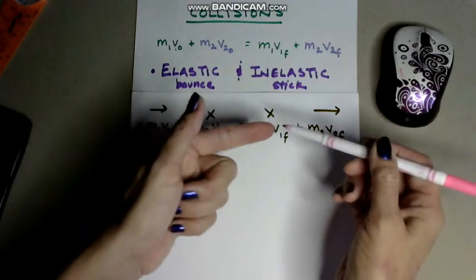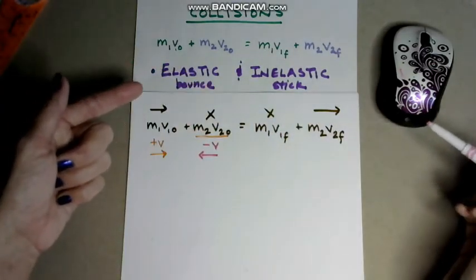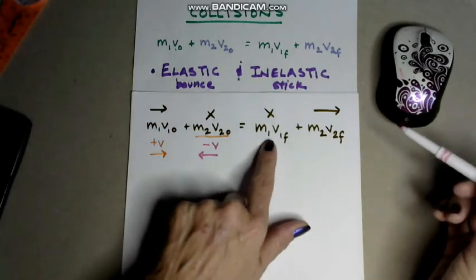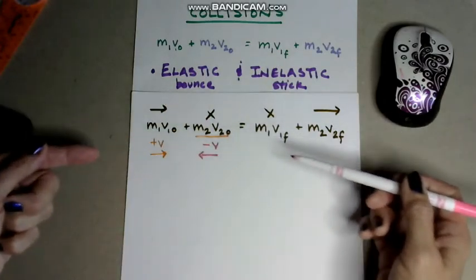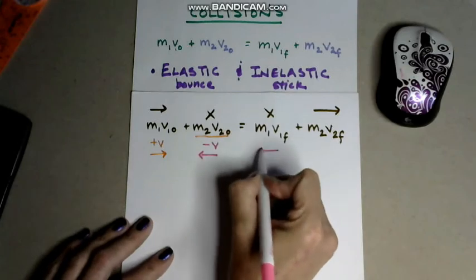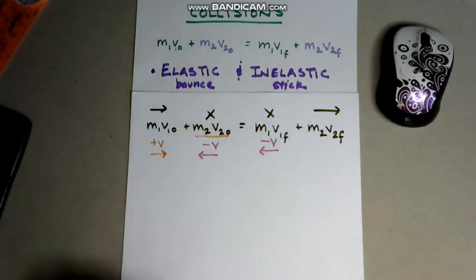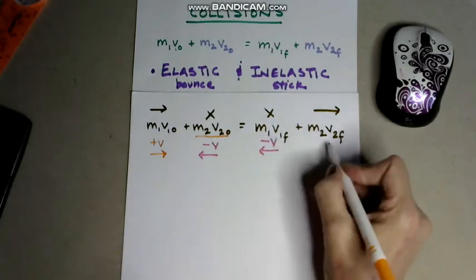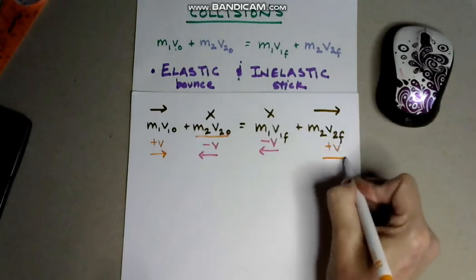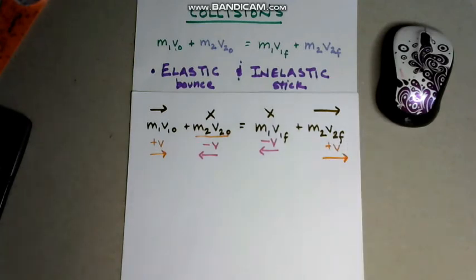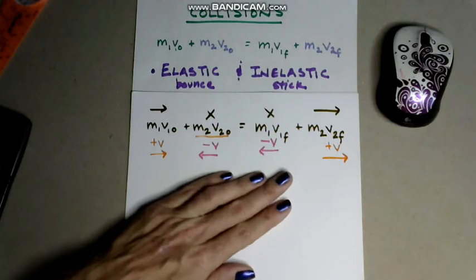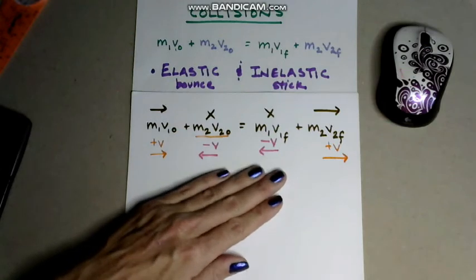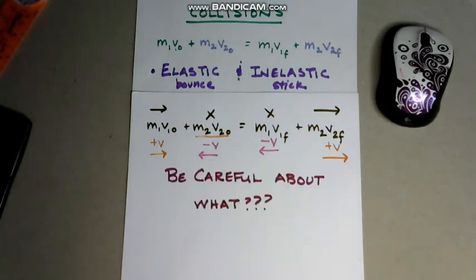And let's say that they bounce off each other and go back in the opposite directions. Now this first one is going back, and it's going to have a negative velocity. And this one has a positive velocity. So you have to be careful about the direction of your velocity.